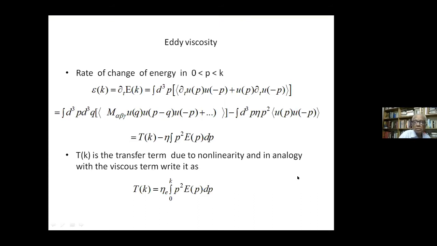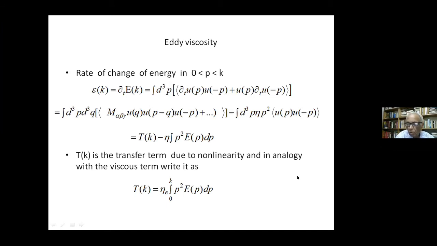So the rate of change is this quantity over here, where part of it is the dissipative thing, which is being lost, which one is not interested in, and the other, the T of K, is the part which is just the Kolmogorov type transfer from one K to the K plus dk.